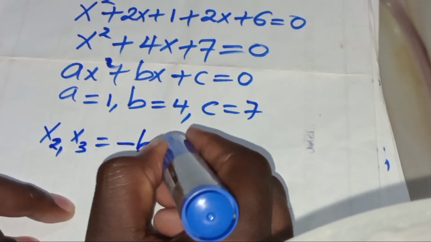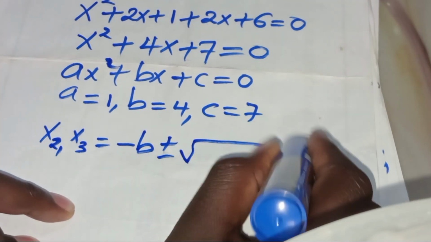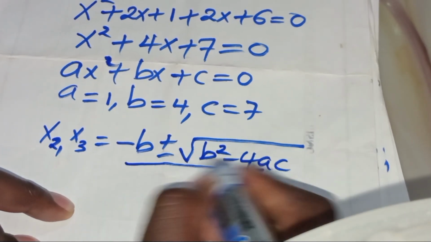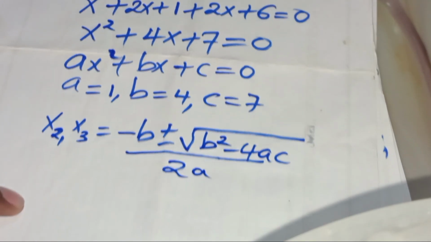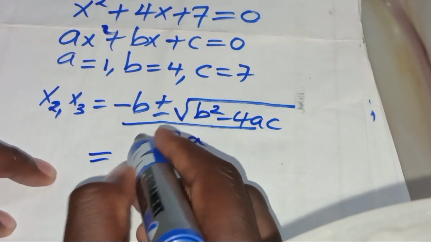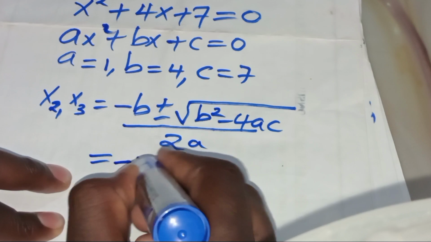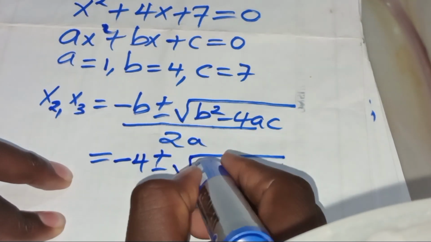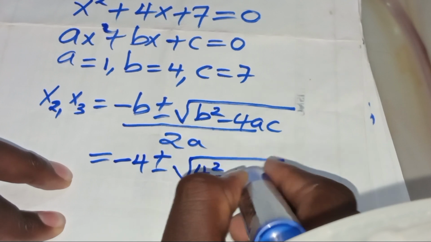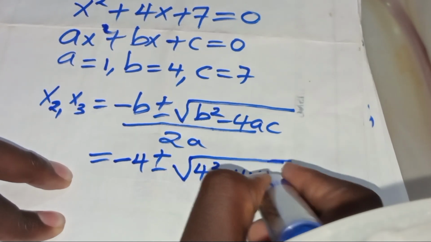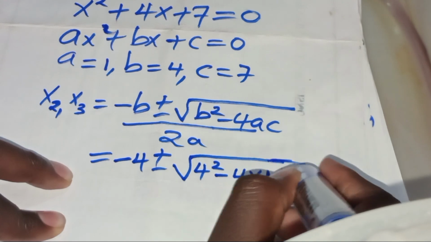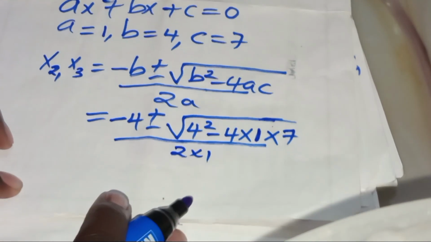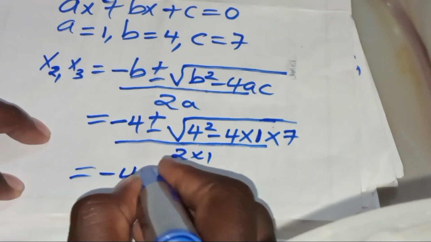So we have x = (-b ± sqrt(b^2 - 4ac)) / 2a. Substituting the values of a, b, and c, we'll have (-4 ± sqrt(4^2 - 4 times 1 times 7)) / (2 times 1).